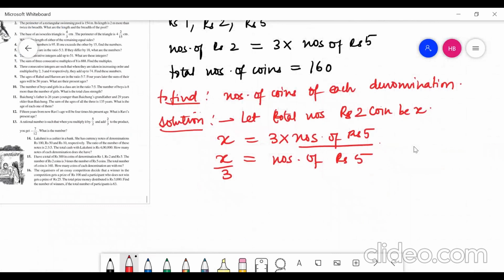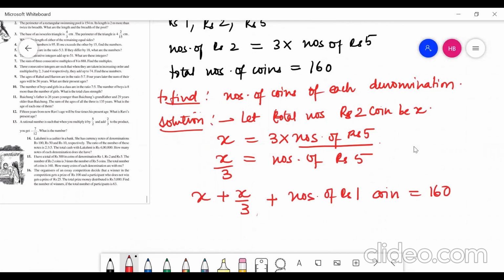I know that x plus x by 3 plus the number of rupee 1 coin is equal to 160, because that's what is given. Total number of coins is 160. So x is the total number of 2 rupee coins, x by 3 is the total number of 5 rupee coins, and then the total number of rupee 1 coins.